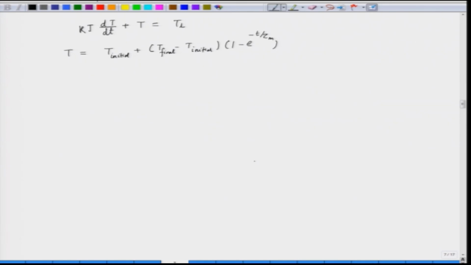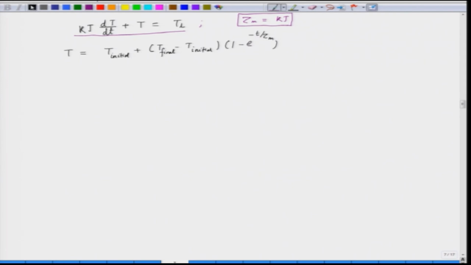In the equation which we write here, the time constant tau m is equal to k into J. K into J is the time constant here. So, the solution of this equation is T equal to T initial plus T final minus T initial into 1 minus exponential minus t by tau m. So, we have to find out what T initial and T final are.